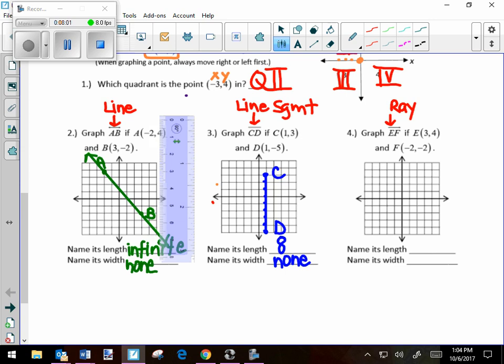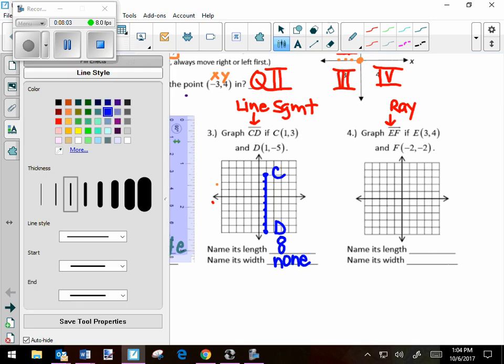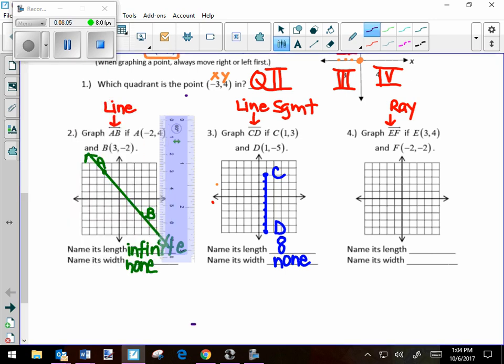In the next question for EF, I'm going to plot those 2 points. I'm going to plot the point 3, 4, which is E, and -2, -2, which is F, and this is a ray. The first letter that you see under the ray symbol is the endpoint. The other one is the letter that your ray is going to pass through.